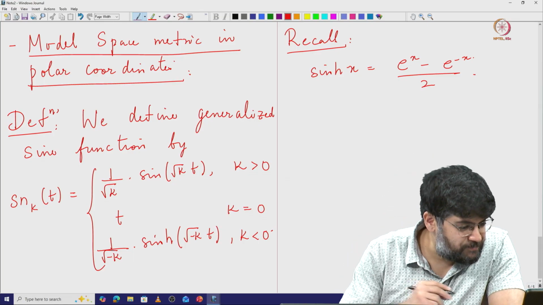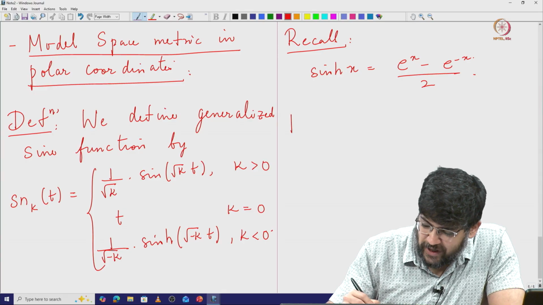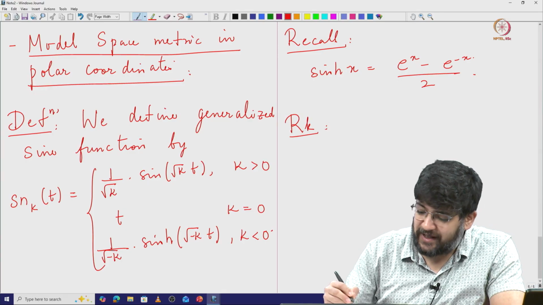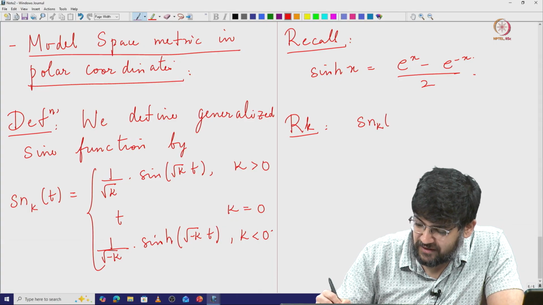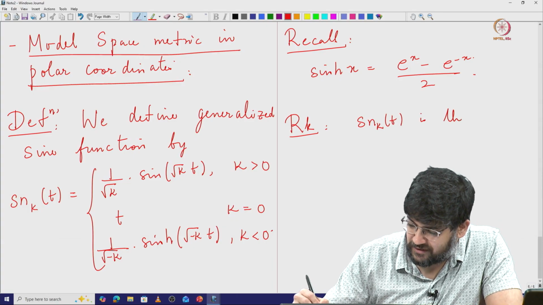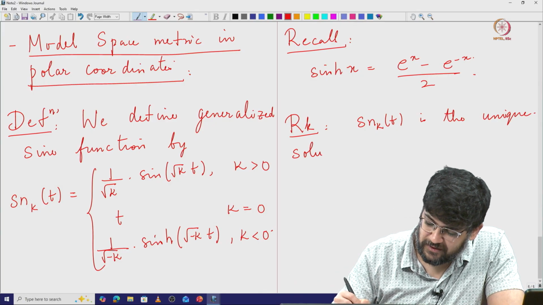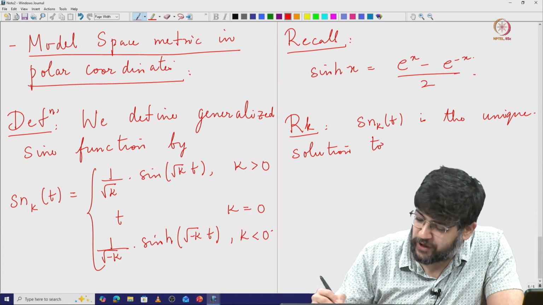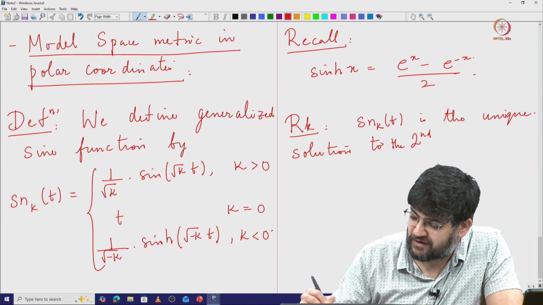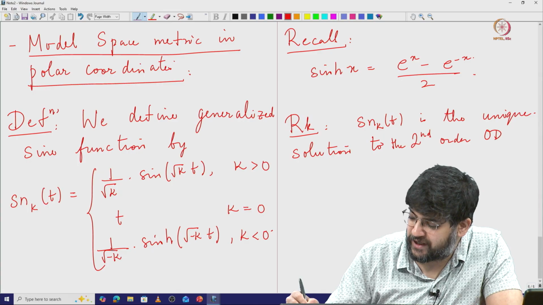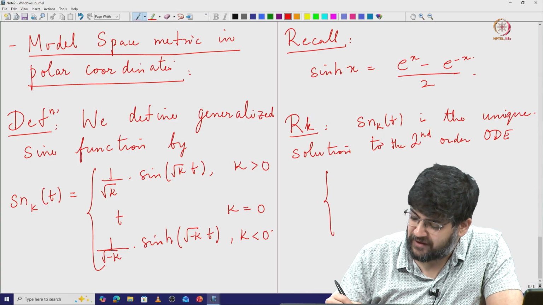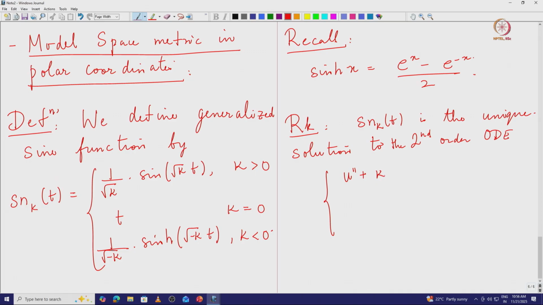All right, so also an important remark will be that this is basically the unique solution to the following second order ordinary differential equation, namely u double prime plus kappa u is 0, with the initial conditions that u of 0 is 0, u prime of 0 is 1.